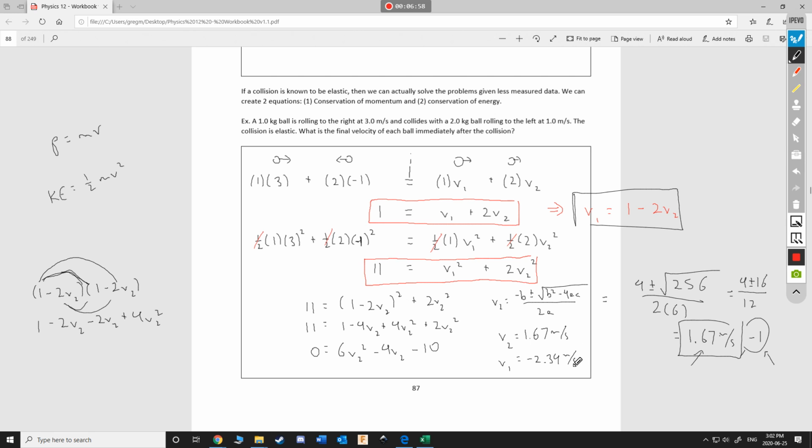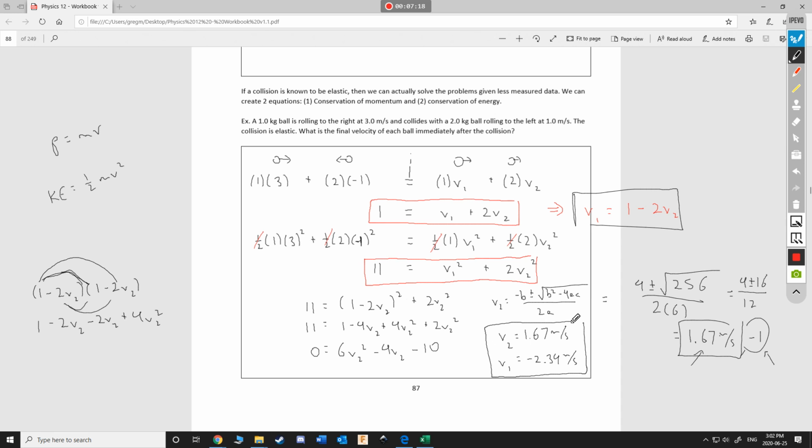You should be able to plug in either one. This is one way of checking your work. So 1.67, if I square that, times 2, 11 minus the answer, square root, and yeah, I got the same answer. Well, I got 2.33, so slightly off because of my rounding of 1.67, but we get the same value.